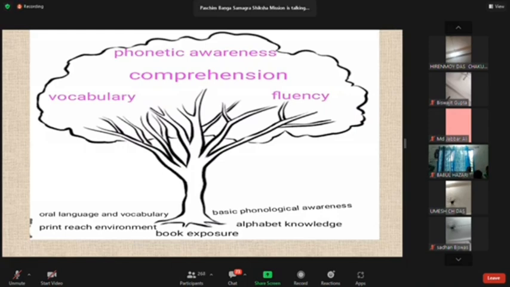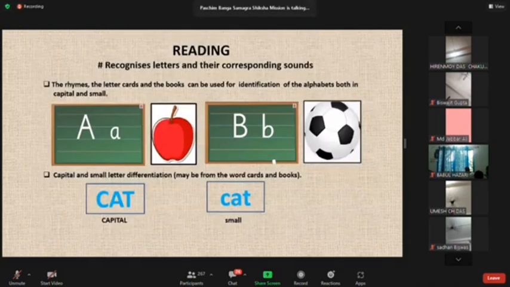And then comes the fluency. Whenever the fluency comes, what happens? Now we can provide the print rich environment to them. Then we can convert them to book exposure. That is our next step, that is reading.